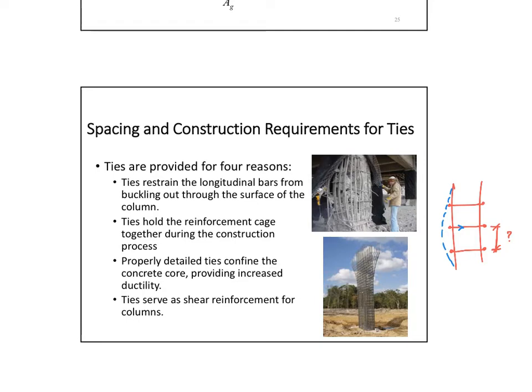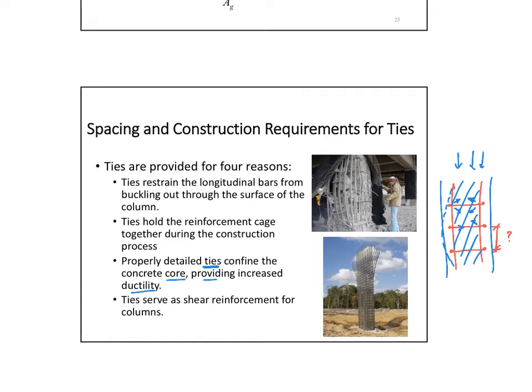Third, properly detailed column ties confine the concrete core and provide increased ductility. Remember, as we said before, the tie will put so much pressure on the core concrete as the column is loaded, which is the concrete inside your cage. There is core concrete inside the cage, and cover concrete, which is outside.